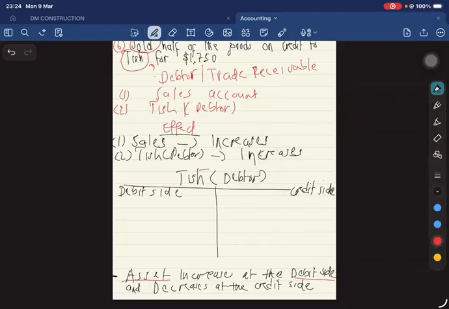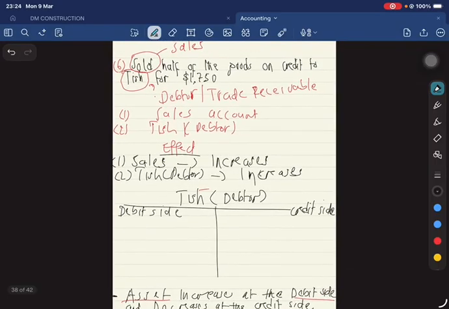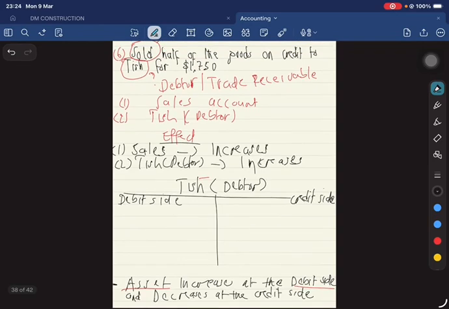And we've been able to identify that Tish is a debtor, because we sold on credit to Tish, so Tish does owe the business. And we said the effect is debtor increases.